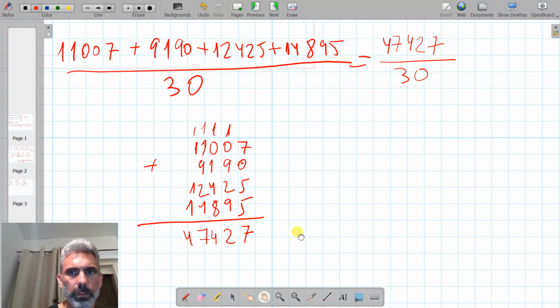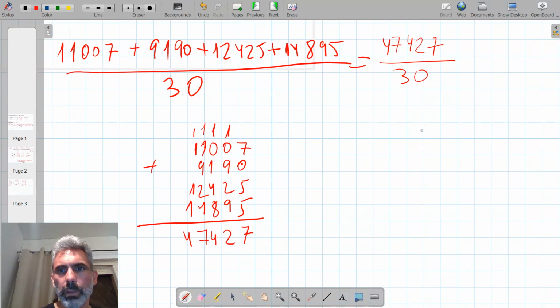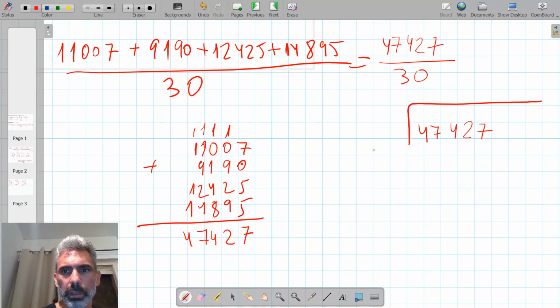So 47,427 divided by 30. 30 goes into 47 one time. 1 times 30 is 30. 47 minus 30 is 17.